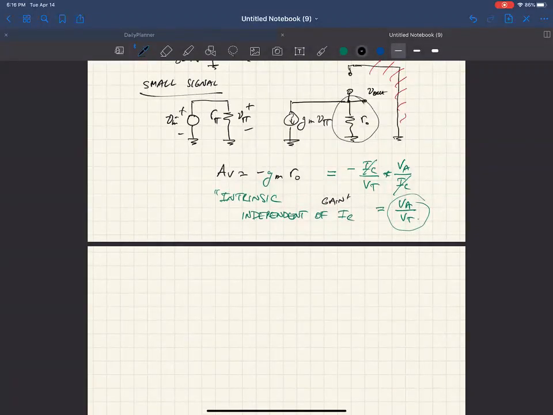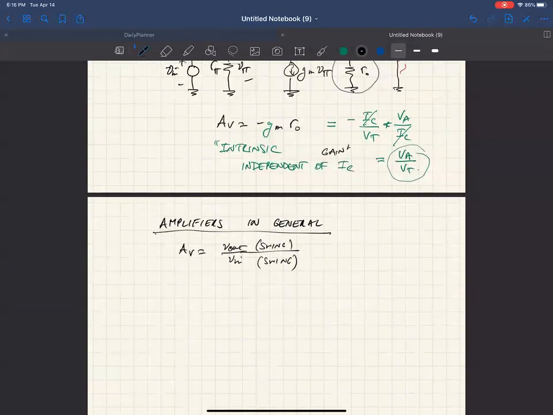So now we're talking about amplifiers in general. We said one of the key elements was the gain, which is V out over V in. Again, the swings. And we said the other thing is power consumption.